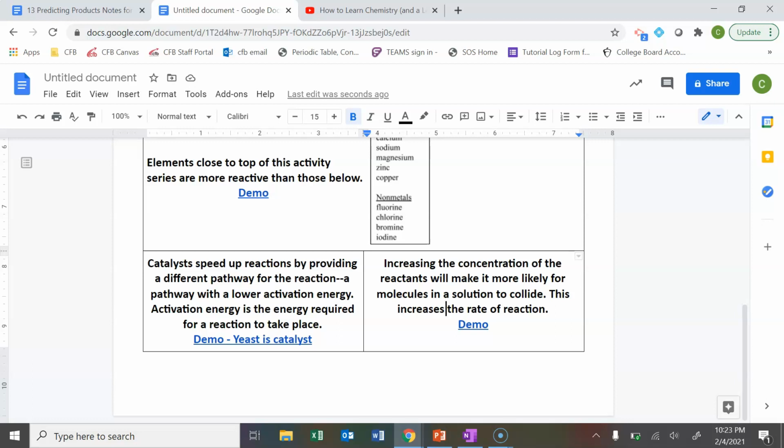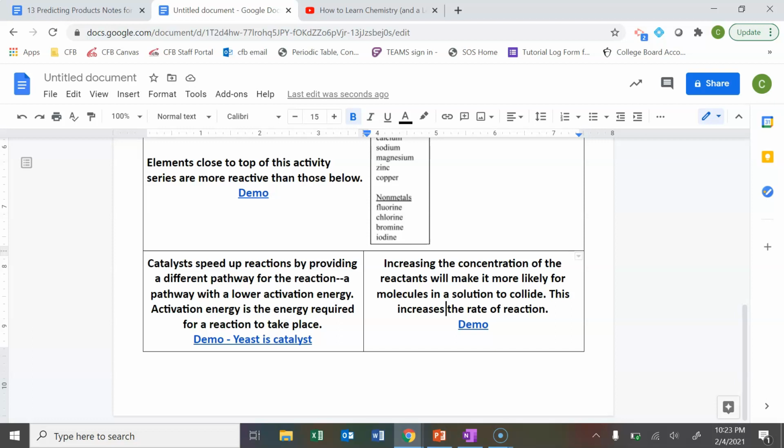So for example, if salt water is what I'm talking about and the reactant is salt, I could pour more salt into the solution. That would increase the concentration of salt water. If you have higher concentration, there are more reactant particles moving around in the solution, so you're more likely to have a collision.